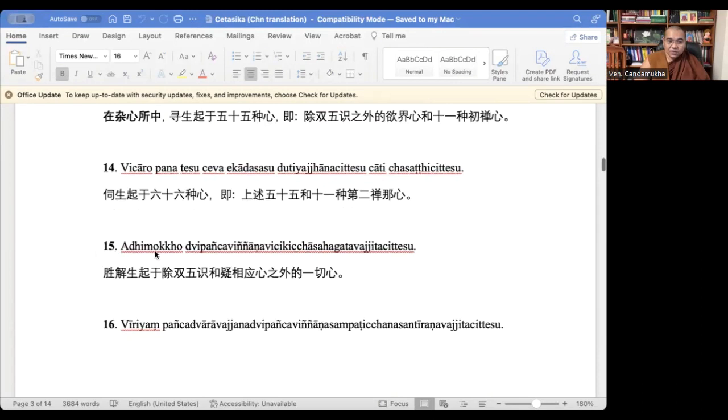Also Adhimokkha. Adhimokkha is a decision. As we studied in the characteristics, Adhimokkha makes a decision.